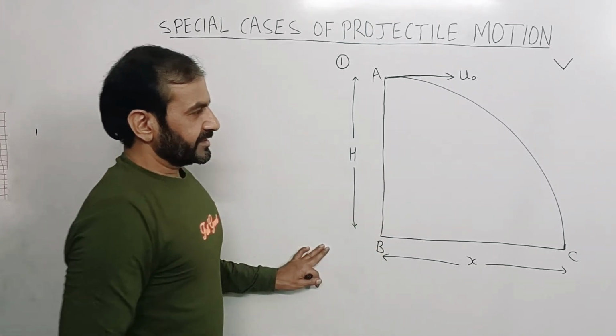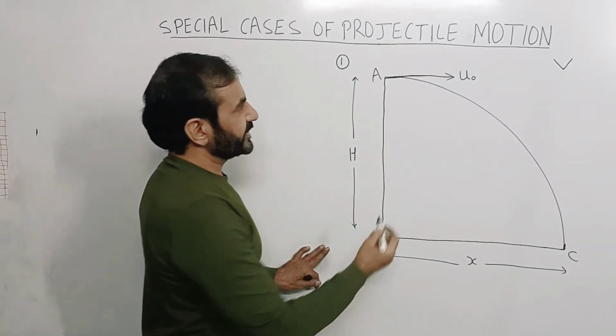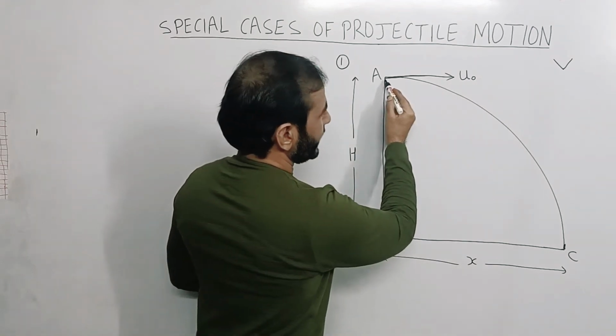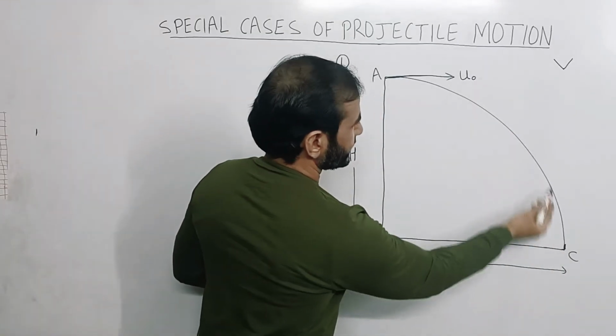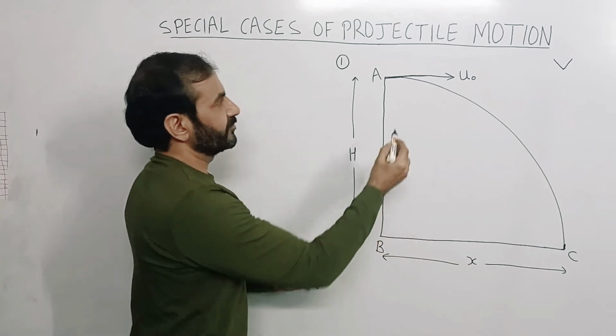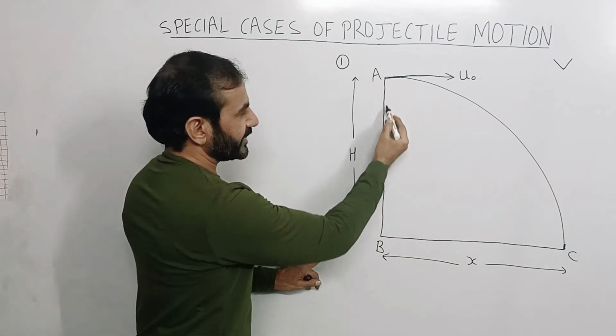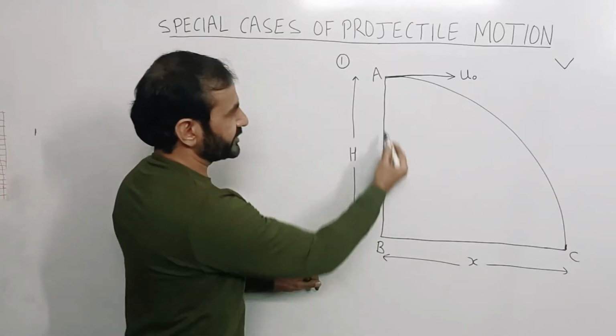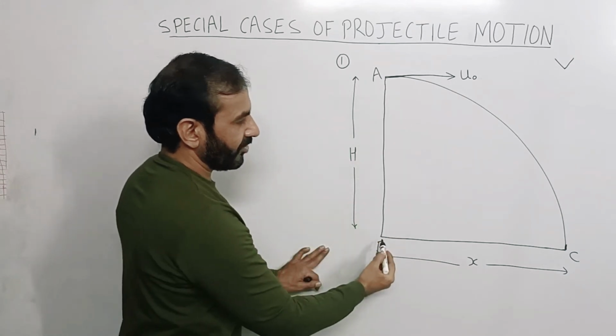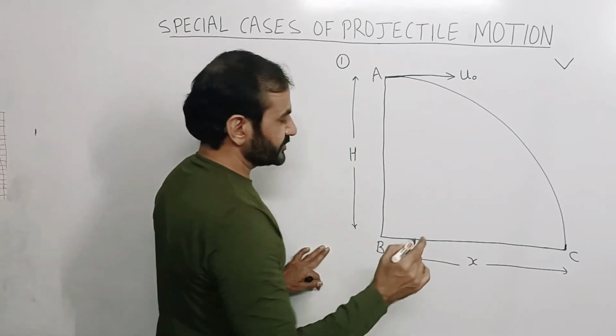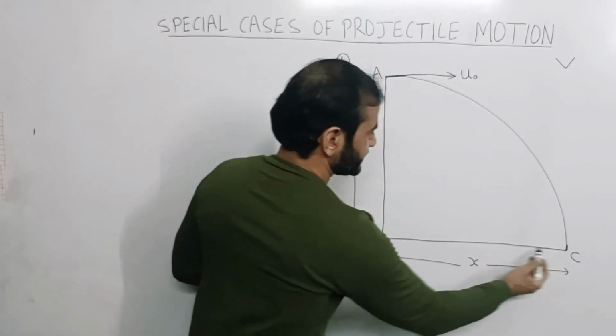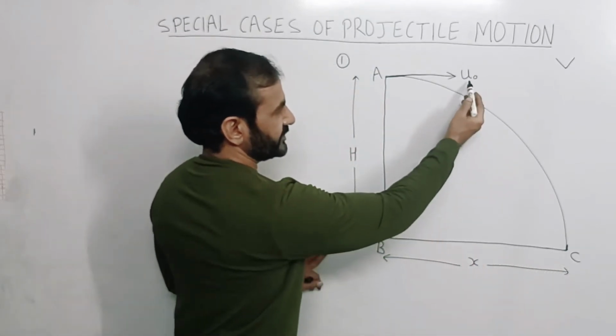Now one thing is that the time taken by the body to come from A to C via this path will be the same as when the body is dropped from A and covers height h, or distance AB, and the time will also be the same to cover distance x, that is BC, with horizontal velocity u0.